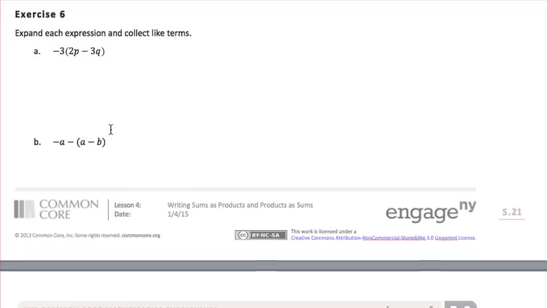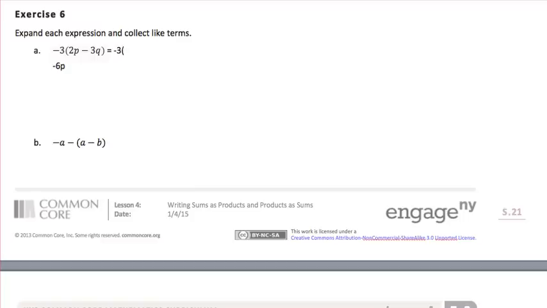Let's practice that some more in exercise 6. We're going to expand each expression and collect the like terms. So we'll multiply negative 3 times each term inside the parentheses. Negative 3 times 2p is negative 6p. And then let me go back up and rewrite this term inside the parentheses as addition so we can see that.